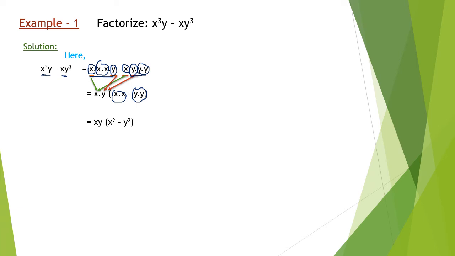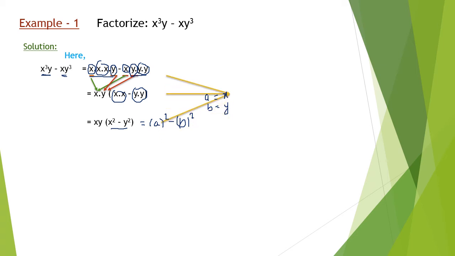Now this is type 2 section A. It is a difference of the square, which you can write as a square whole square minus b square whole square. You can easily say a is equal to x and b is equal to y.